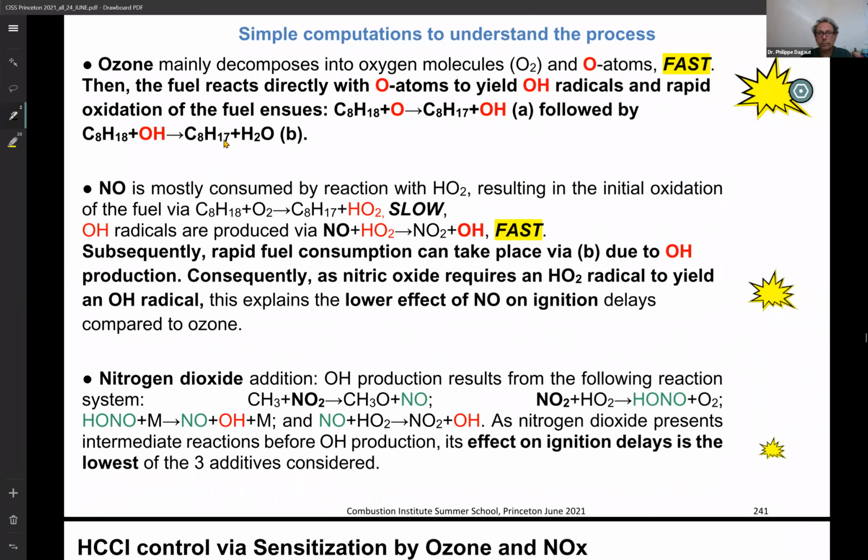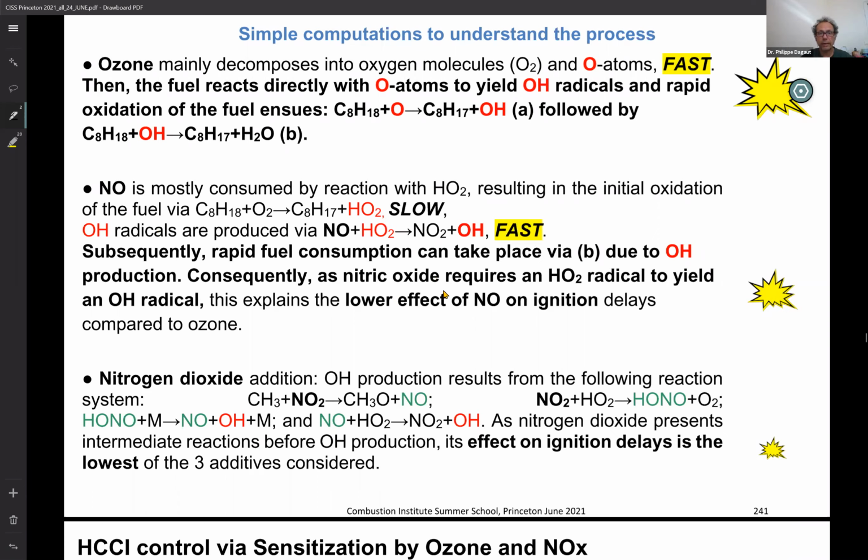So this one is very fast because you readily produce an atom which attacks the fuel and produces another very reactive species which attacks the fuel also. Here, the initial formation of HO2 is slow.